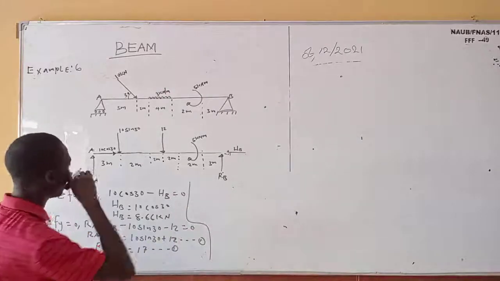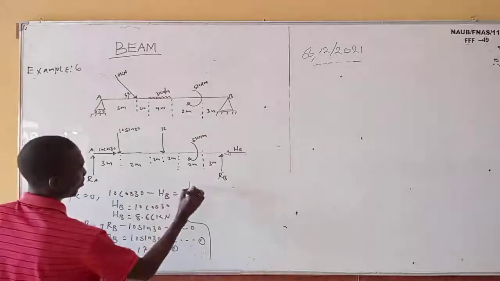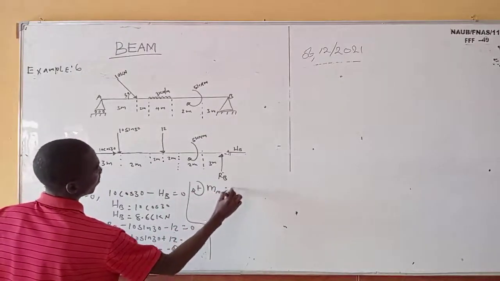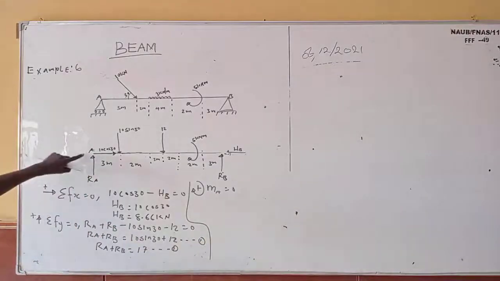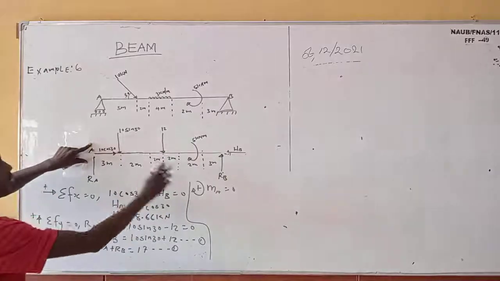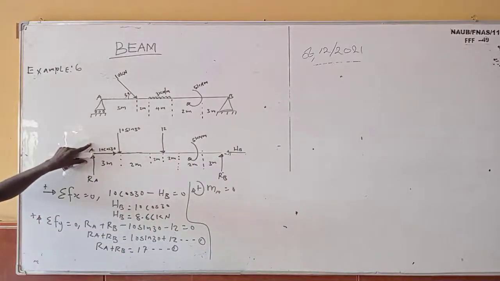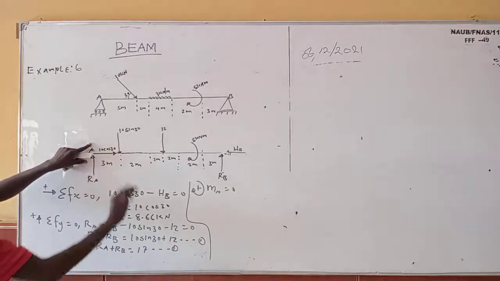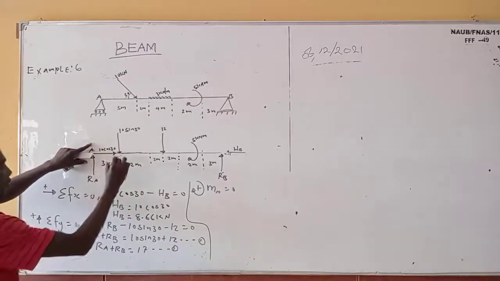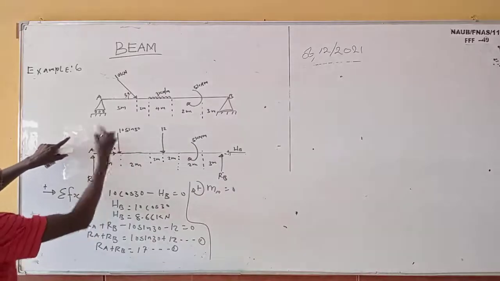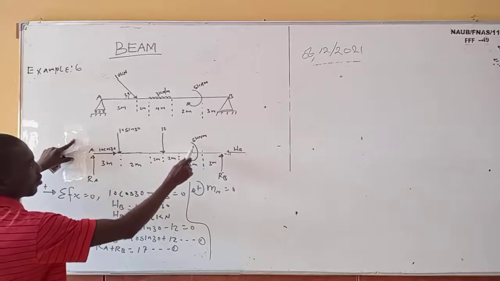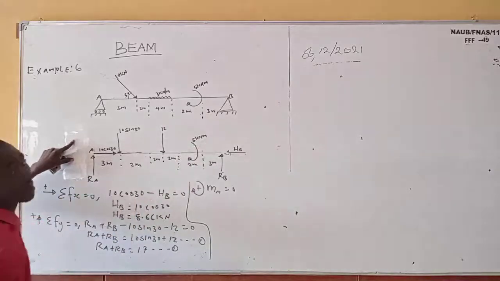Okay, so now the next thing is to take moments. We are going to take moment about A. So let's take a clockwise moment about A, which is equal to 0. When we take moment, how many forces will we be left with? 1, 2, 3. I'll be left with this moment. When we are taking a clockwise moment, this one will go clockwise, this one too will go clockwise, and this one too is clockwise moment, but this one will be anti-clockwise.